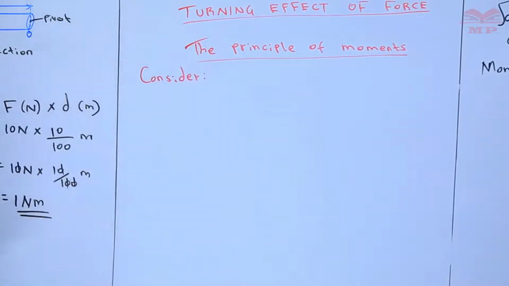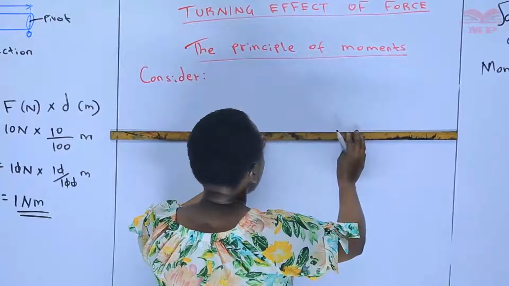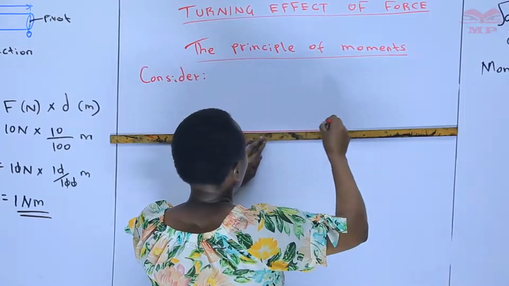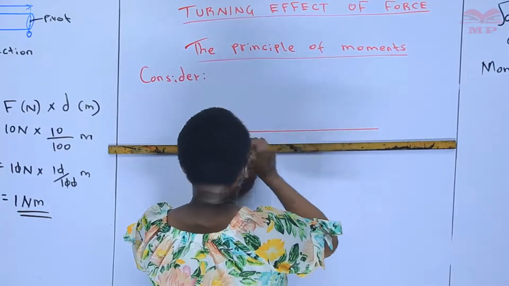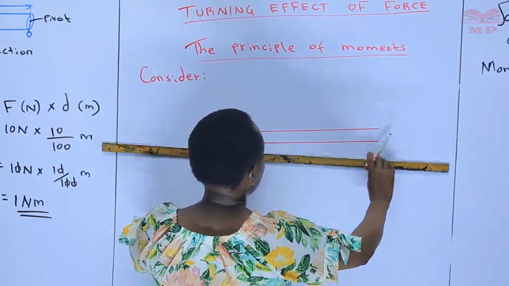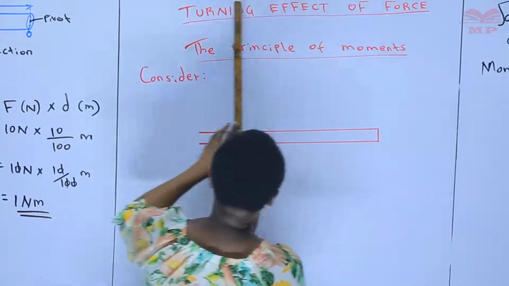I want us to consider this bar here, which is being balanced by several forces. This is to help you understand the principle of moments so that we don't just state it, but you know where we are getting it from.